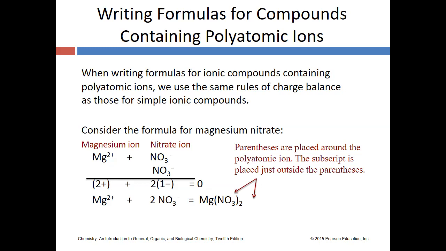So if I'm looking at nitrate, nitrate is that NO3 cluster. That whole thing stays together. And if I need multiple of them to make charges balance, I put them in parentheses to show that the whole cluster is being doubled, the whole cluster is being tripled, whatever the case may be.